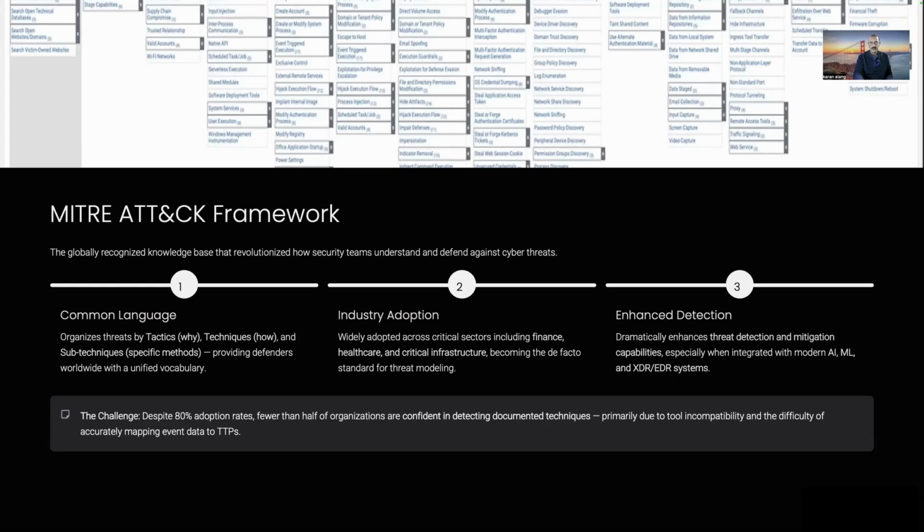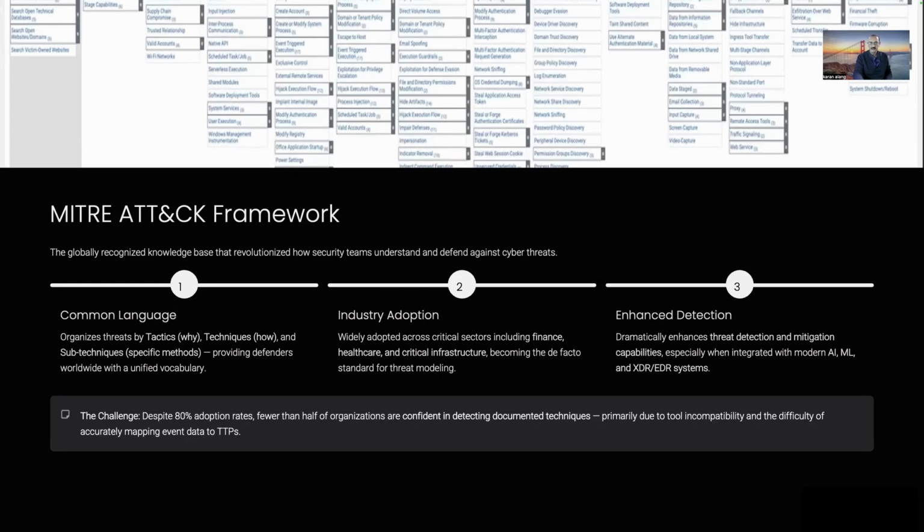cybersecurity attack methods. There's a huge industry adoption for the MITRE ATT&CK framework, and it is adopted across critical sectors, including finance, healthcare, and critical infrastructure. It is the de facto standard for threat modeling. It enables enhanced detection and ensures threat detection and mitigation capability, especially when integrated with modern AI, ML, and XDR, EDR systems.